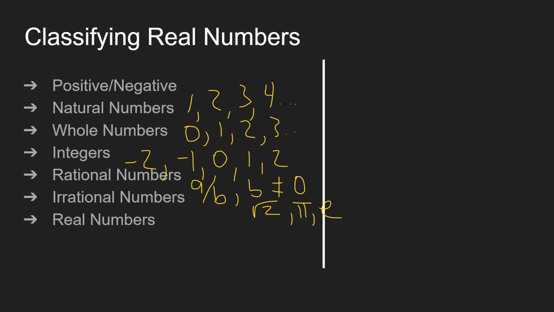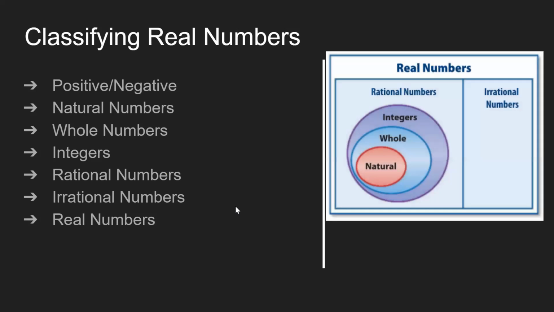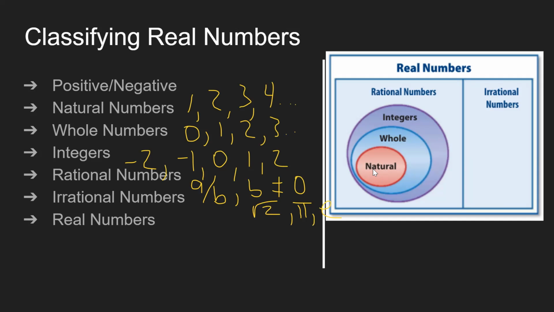Now, there's this handy chart here that shows the relationship. Natural number is the most restrictive set of numbers. Remember, that was 1, 2, 3, 4. Whole numbers contains all the natural numbers and 0, so it's a little bit bigger. That's why you see natural inside of wholes. Integers is a little bit bigger.